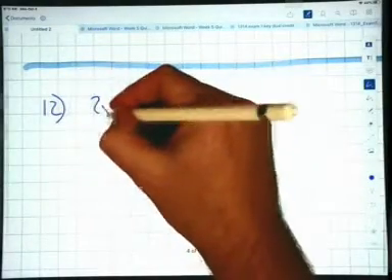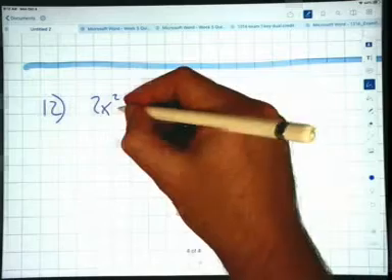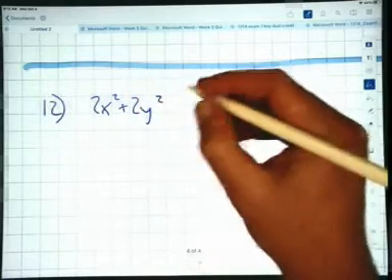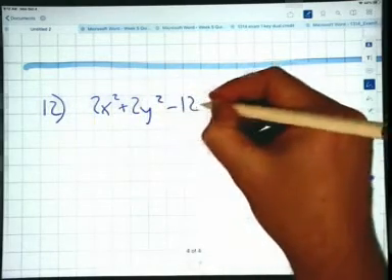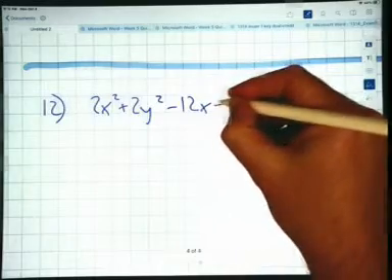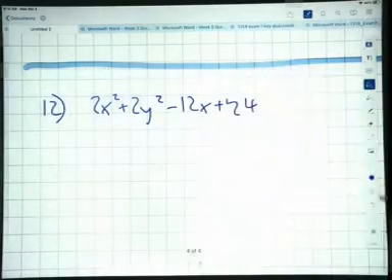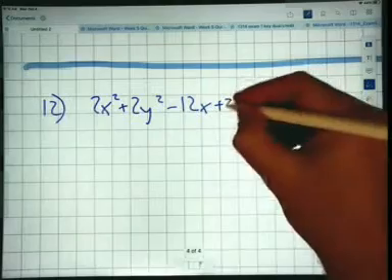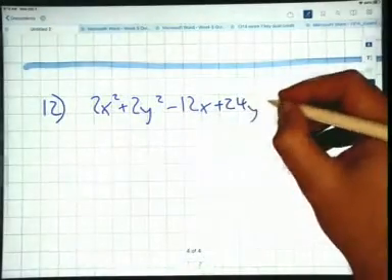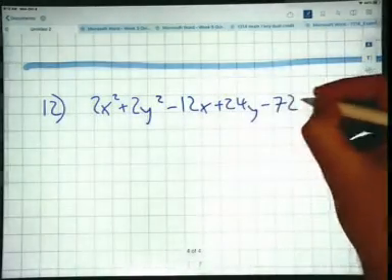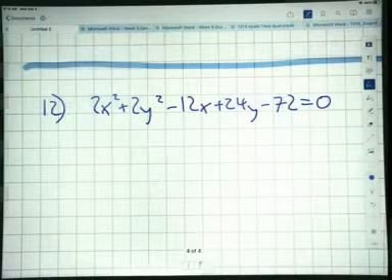We have 2x squared plus 2y squared minus 12x plus 24y minus 72 is equal to 0.